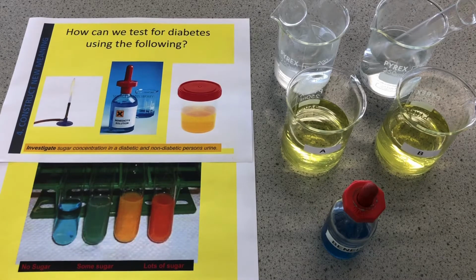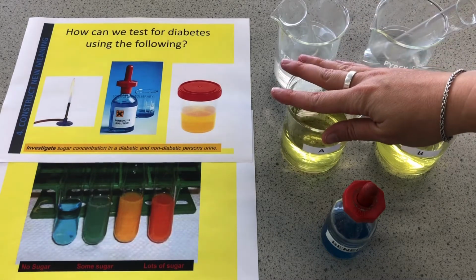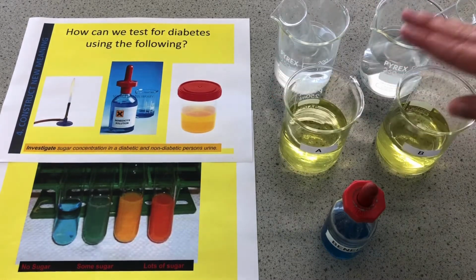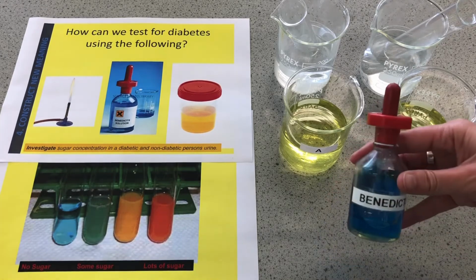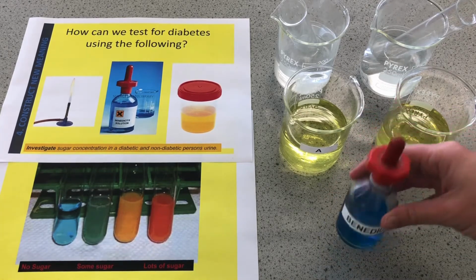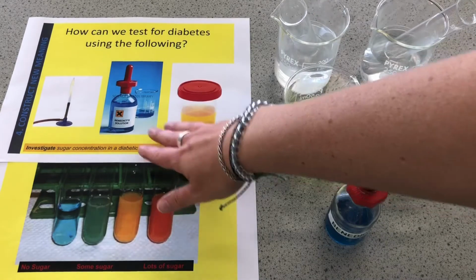So, what's the practical? Well, I've got urine sample A, urine sample B. One of these people is a diabetic and one is a non-diabetic. We're using that same heat-activated chemical, the Benedict solution, and you can see on the picture there, Benedict must be heated.